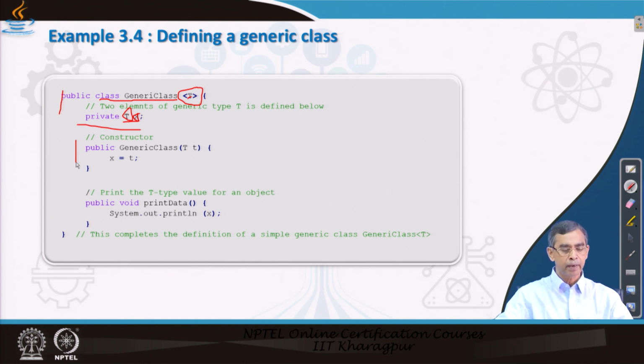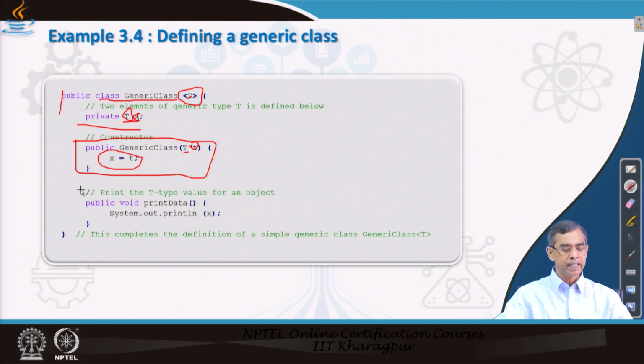It is very simple. The constructor will basically initialize the field X. So, if we pass any element of type T, then it will initialize the value of X. So, this is the way that the generic class and its constructor can be declared.